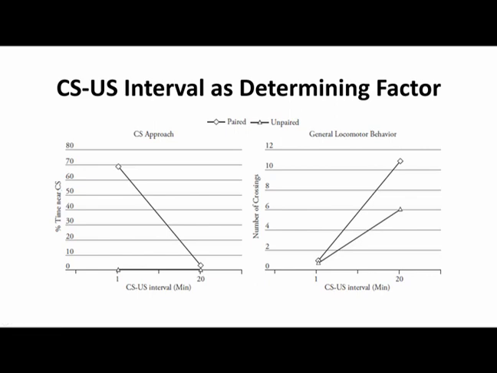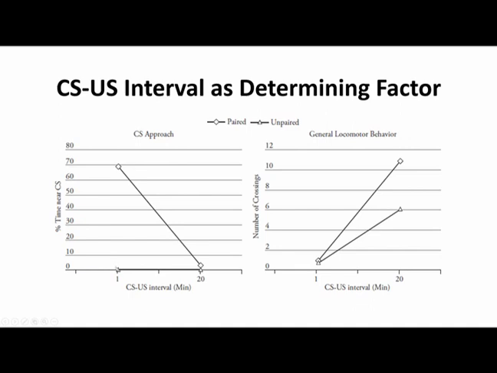So when they were exposed to a wooden block or a light or one of those pseudo quail models, whatever the conditioned stimulus was, for the 1 minute CS-US interval, we see that they spent a lot of time approaching and being near that conditioned stimulus.